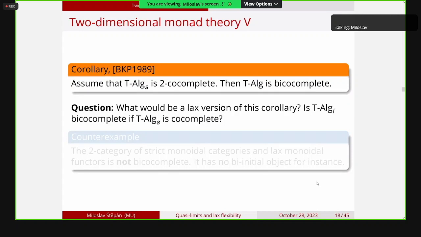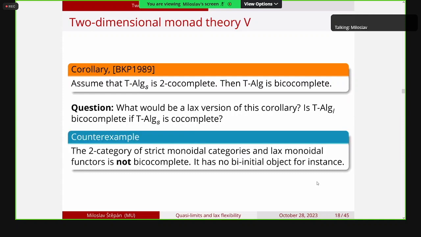I was interested in what happens in the lax version. So the question is: is strict algebras and lax morphisms bicocomplete under some conditions? The answer is no. You can consider, for example, the two-category of strict monoidal categories and lax monoidal functors. It's not bicocomplete because it doesn't even have bi-initial objects, and it's not difficult to prove.